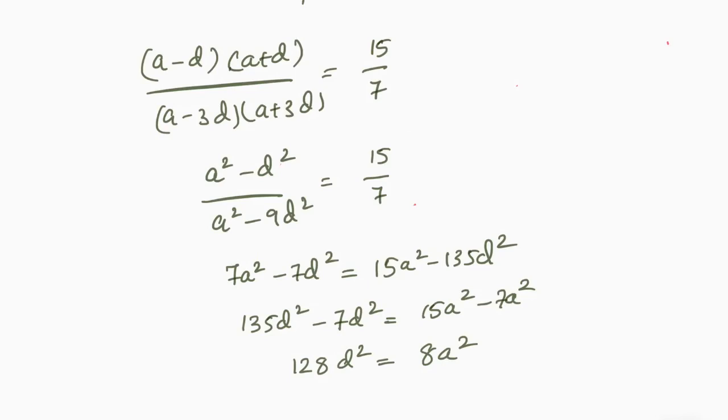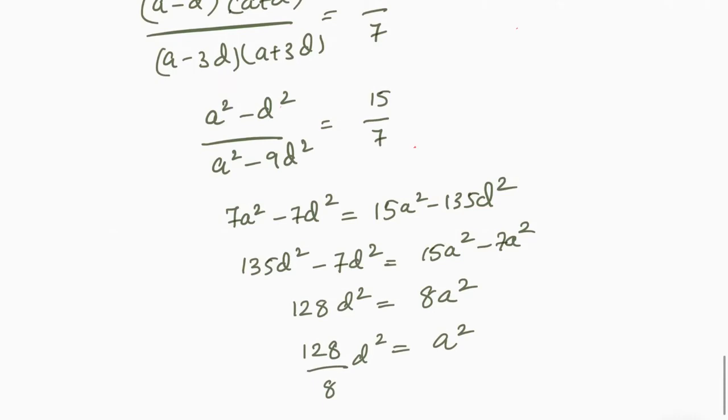You can take 8 to this side, right? So 128 by 8 times d square equals a square. 8 goes how many times? 8 sixteens are 128, so 16 is the answer. So you get 16d square is equal to a square.